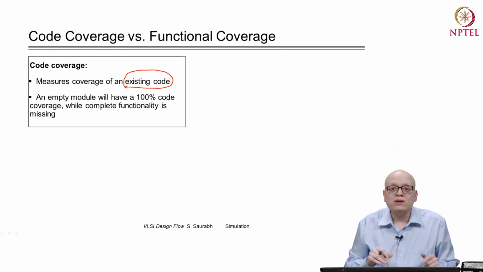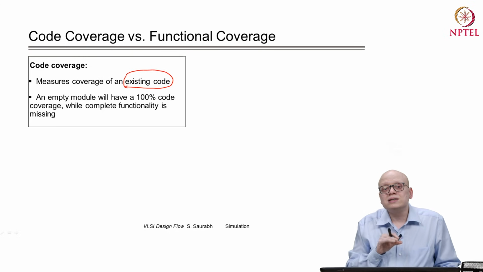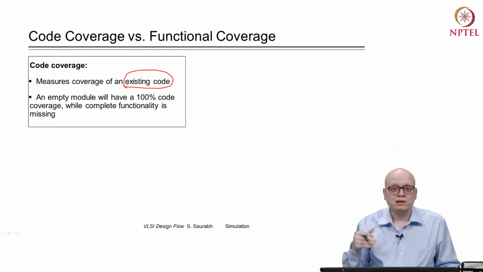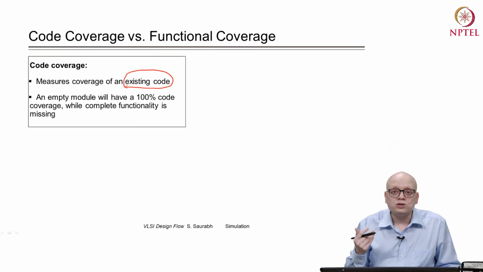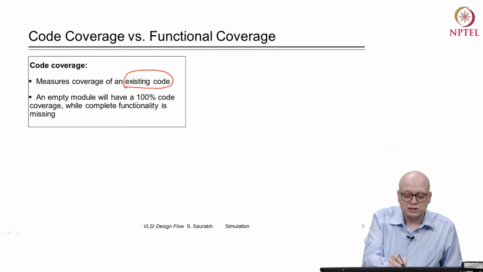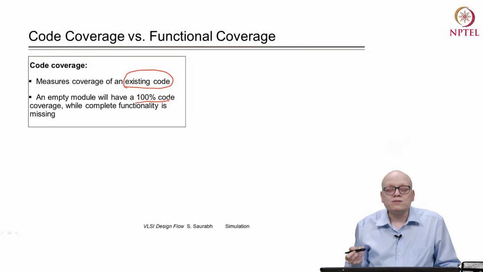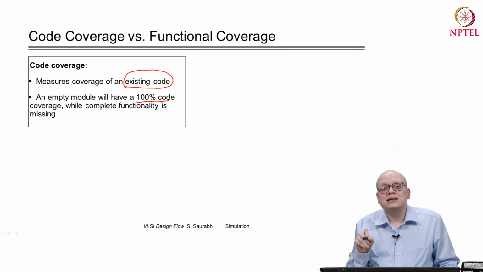Now, if we give just an empty module, which does not contain any functionality, for example, we just discussed a counter, and ask the code coverage tool what the coverage is, the tool may report that it has got 100% coverage, because there was no line inside it. But the complete functionality of the design of the counter is missing in that case.